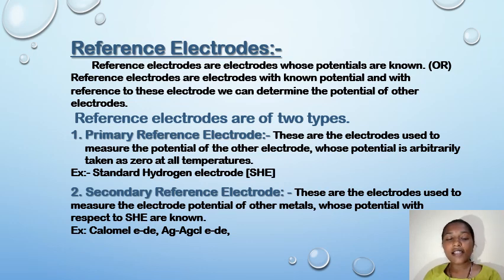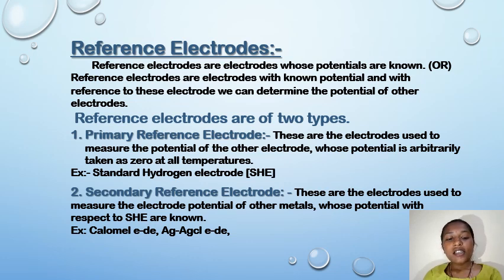Reference electrodes have two types. First is the primary reference electrode. These are the electrodes used to measure the potential of other electrodes, whose potential is arbitrarily taken as zero at all temperatures. Example, the standard hydrogen electrode or SHE electrode.